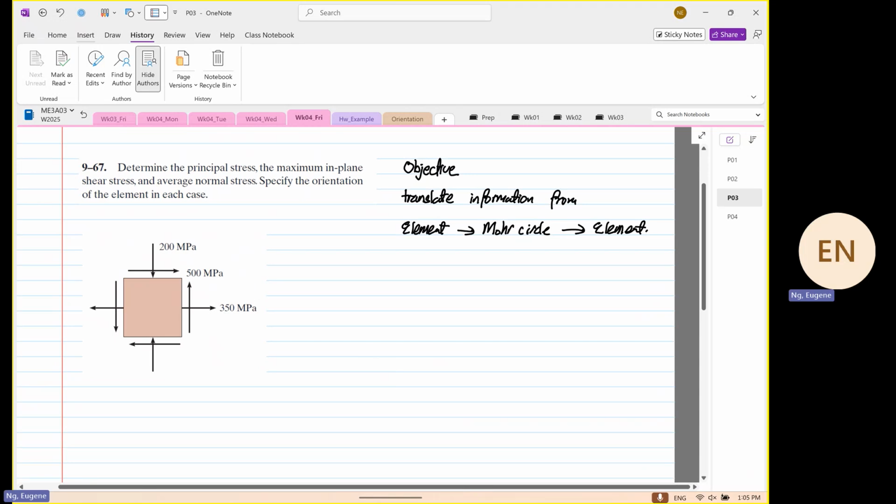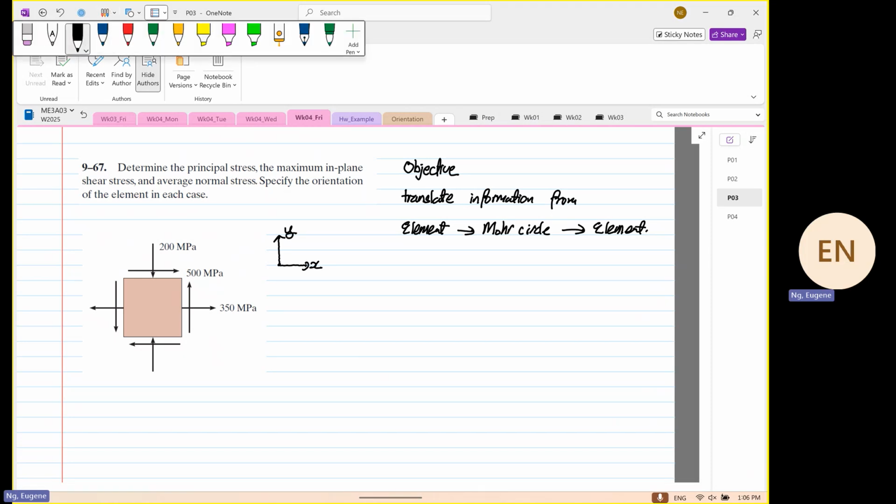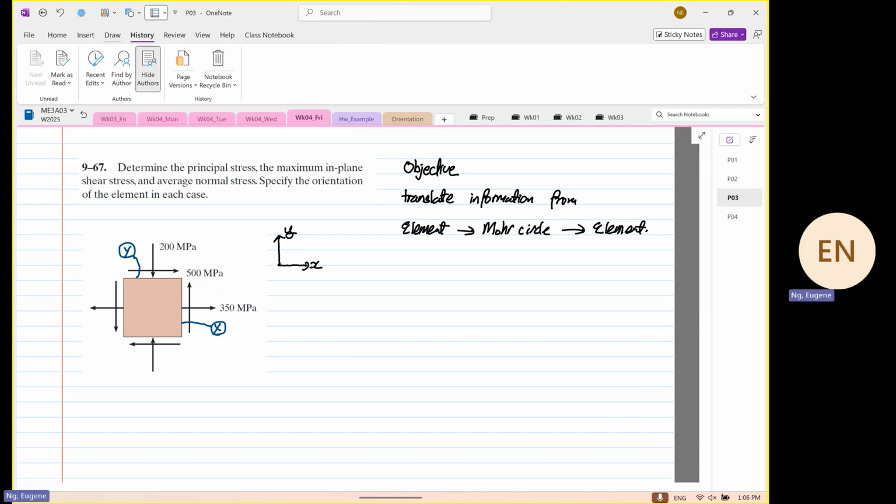So now let's look at the first question over here. We draw our orientation X, Y. And then immediately you label this as your point X, and over here is your point Y. So from what we can see over here, we understand that stress X is equal to what? Positive 350 megapascal.